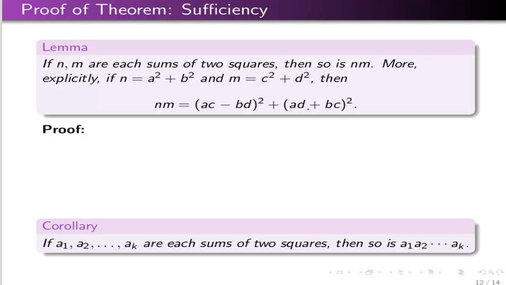And, well, you can just multiply this out and show it by brute force, but there's a natural way to think about this. So note that n is the absolute value of a plus bi, squared, and m is the absolute value of c plus di, squared.